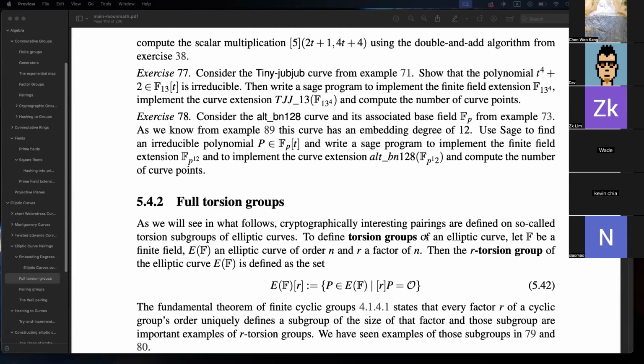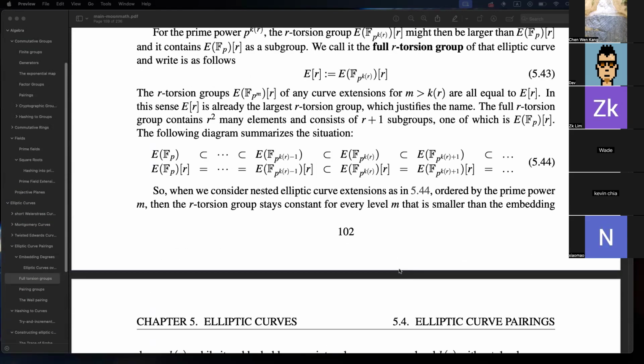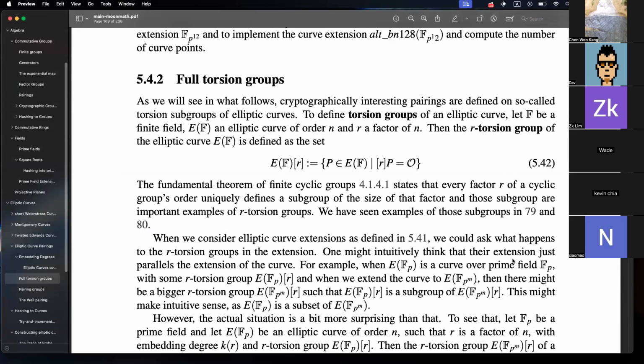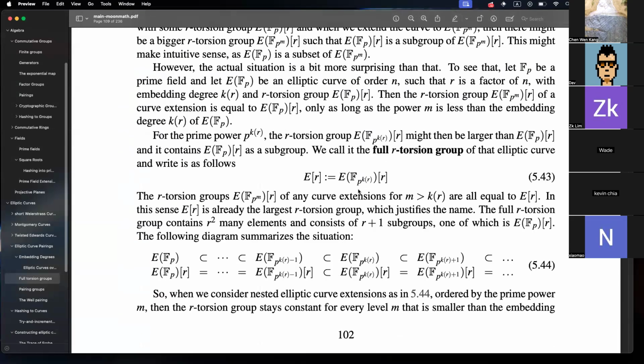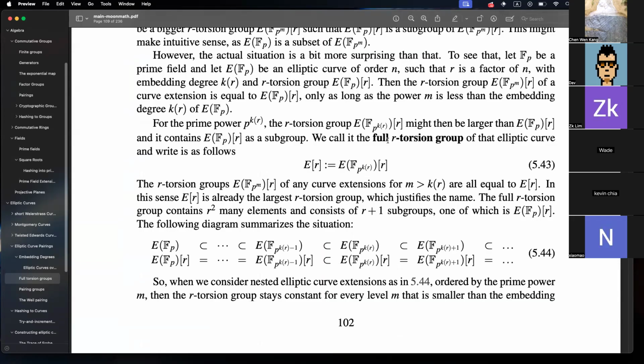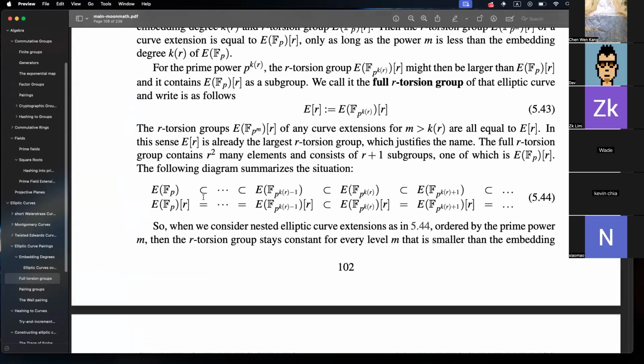So what exactly is full? When you calculate some R torsion group, you can calculate over the elliptic curve over some prime field, and we can calculate the R torsion of that and of its extension.